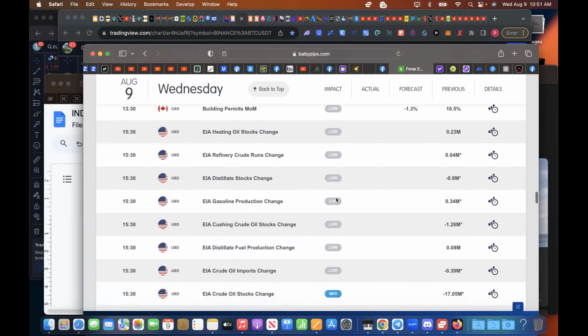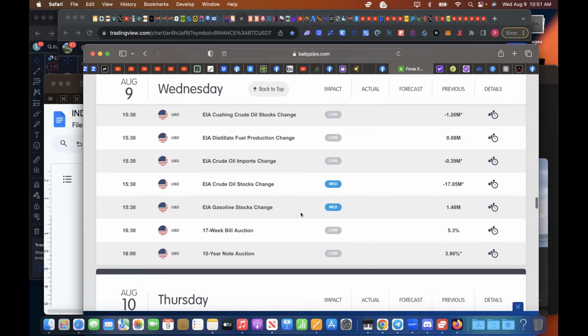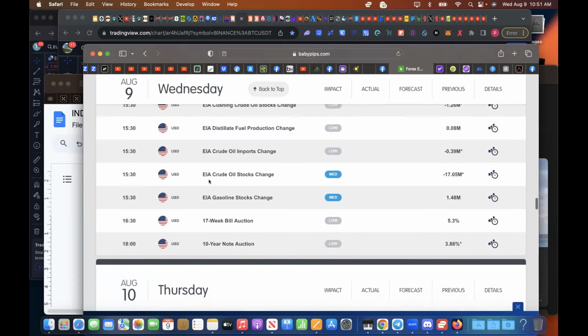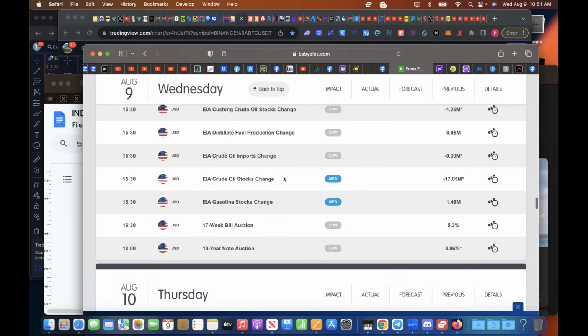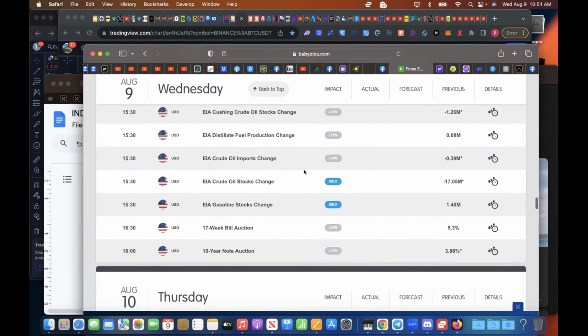That's why you see that there's no significant news today. Okay, crude oil stock change. So for our crude oil, because of US oil, these two, even though they are medium impact news, we have to pay attention. That's by 3:30. All of those others are low.